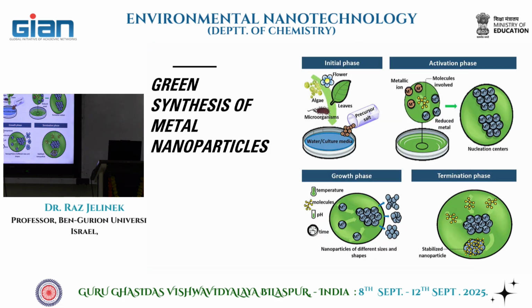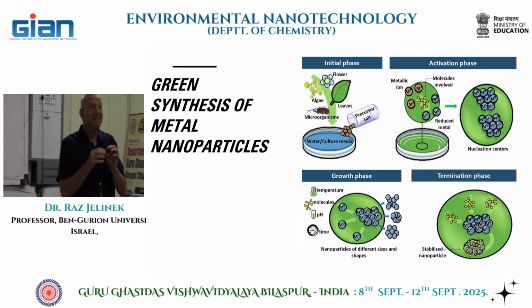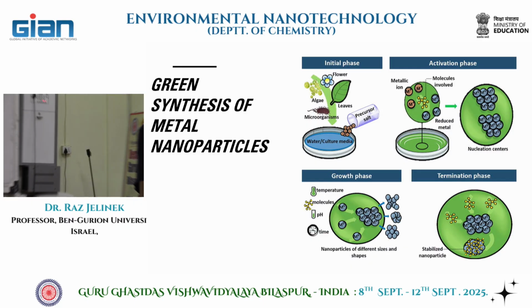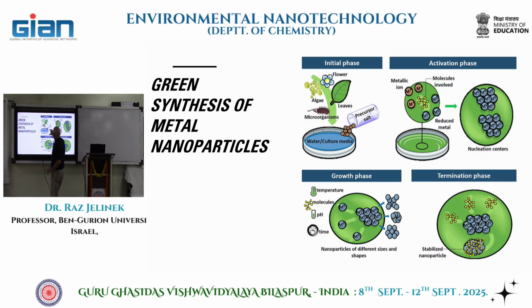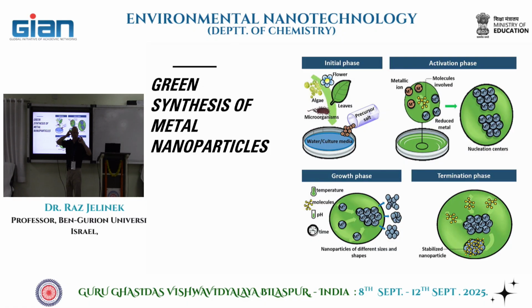The aggregates that I'm describing here are metal nanoparticles. Because what happened is, this is the extract that has all the molecules and enzymes that can reduce the salt. The salt is ions.